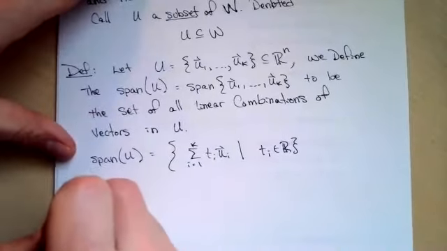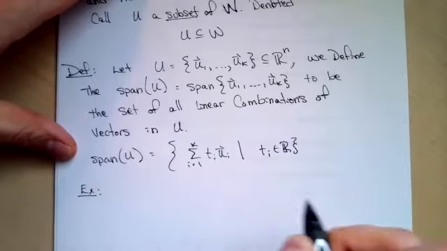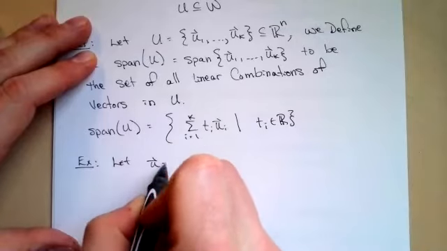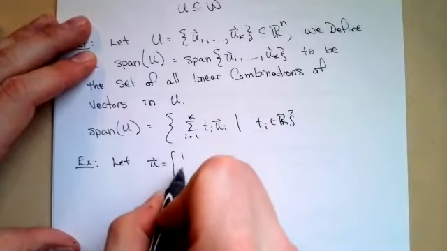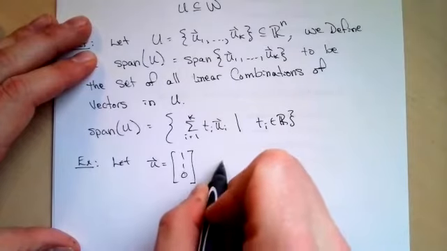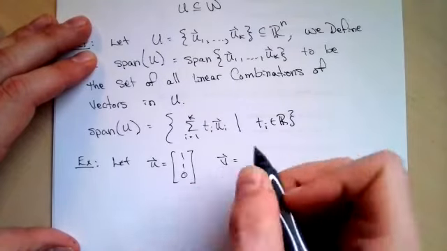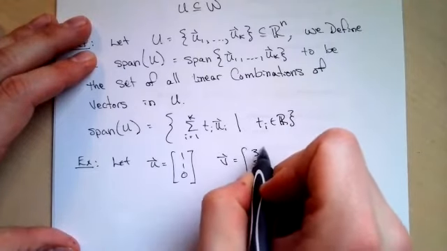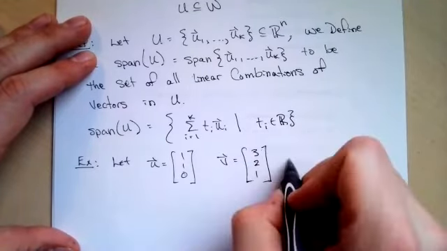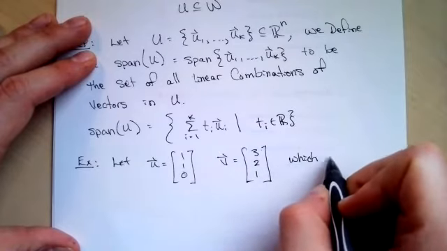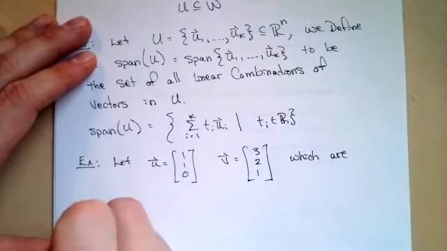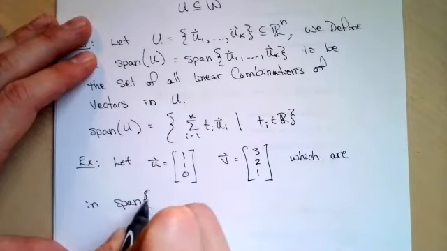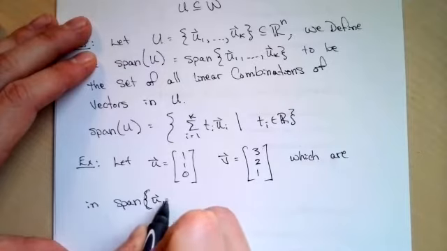So let's take a look at some examples. Let U equal 1, 1, 0 and V equal 3, 2, 1. Which are in the span of U and V?